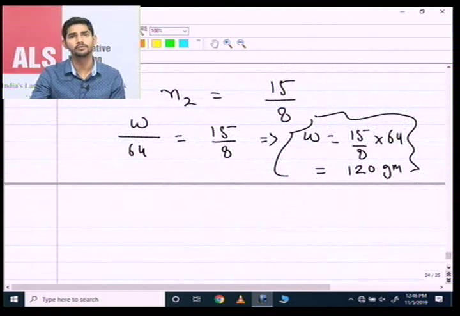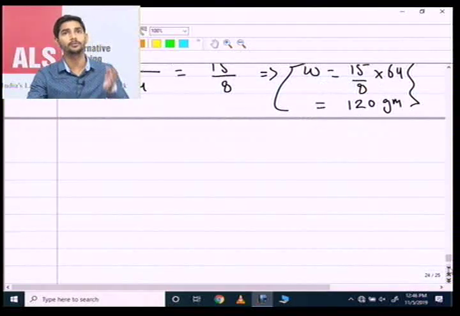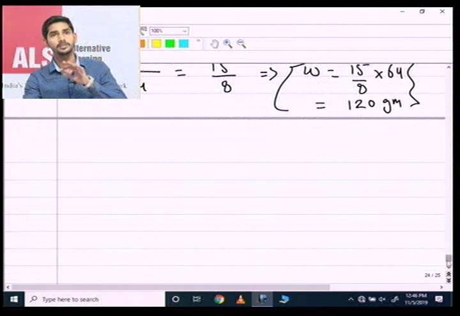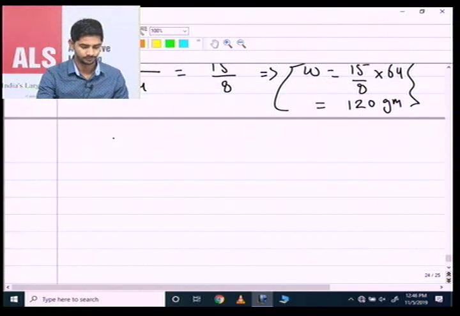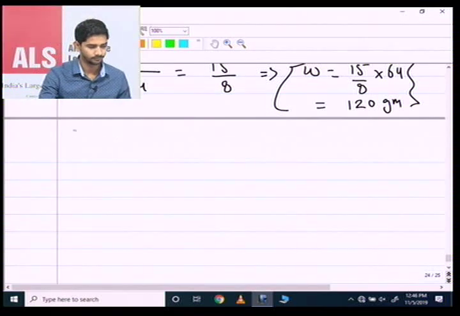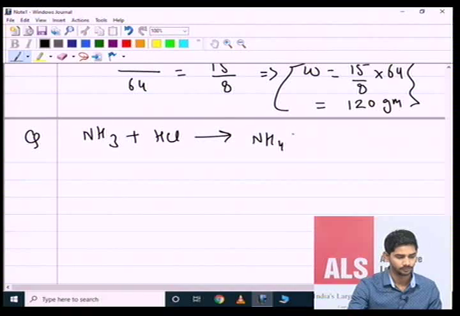This question is not formula based. This time you have to use your brain. I mean, every time you are using your brain, this is a little bit better question. Look at this. NH3 plus HCl gives you ammonium chloride, which is white fumes.